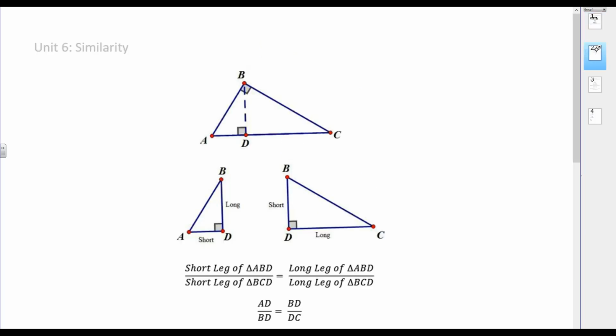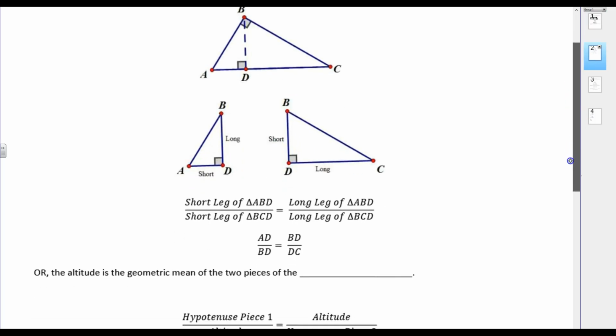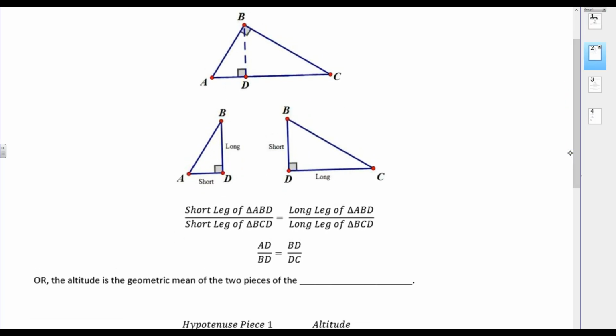So the first big theorem here basically states that the altitude of my large right triangle is actually the geometric mean of the 2 pieces of the large hypotenuse. And the reason for that, well, right here, this is my altitude. It's the long side on my tiny triangle, the short side on my medium triangle.